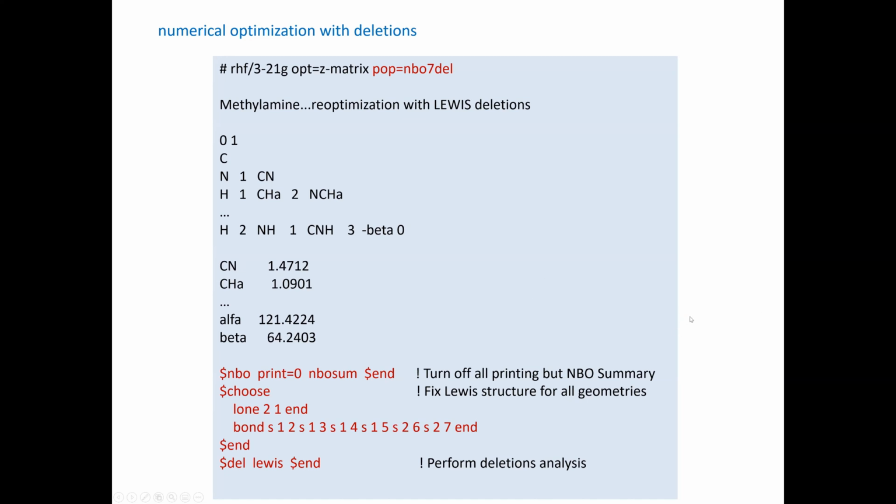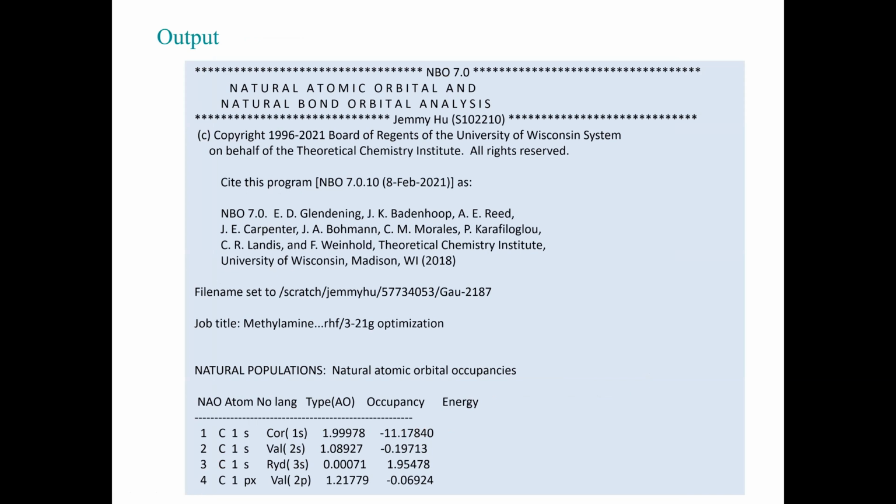When the job is done, you go to check Gaussian's output file, the .log file, and you can find NBO 7.0. This is the output file, and then there's the title, how to cite it, and then where your files are, and then it starts with what type of job, and natural atomic orbital occupation, and so on.